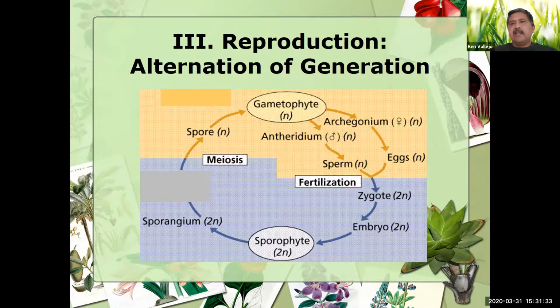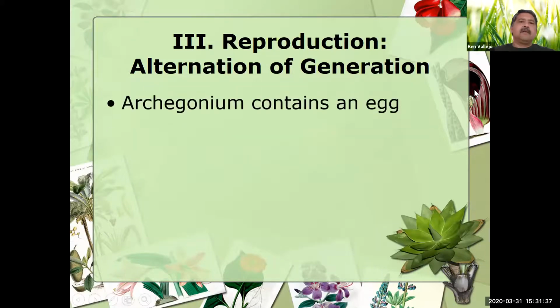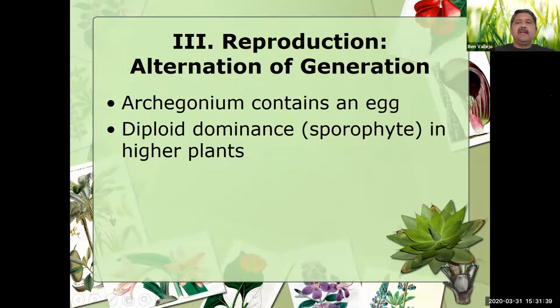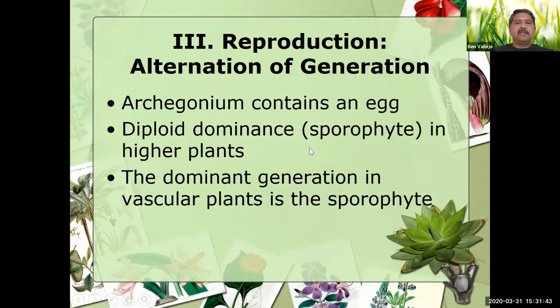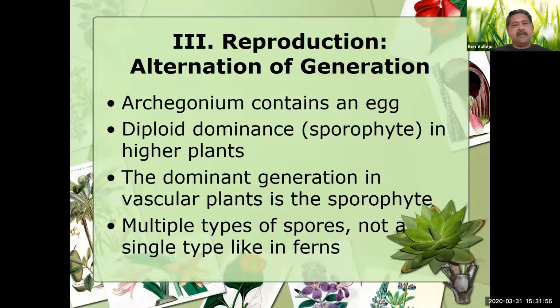We'll see that in some diagrams that are coming up. So the archegonium contains an egg, and then again, as I just said, there's diploid dominance. The sporophyte is the dominant form or stage in higher plants. And so those are some key points in alternation of generation.